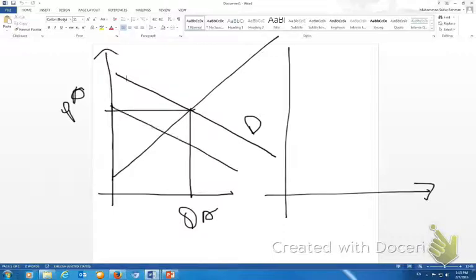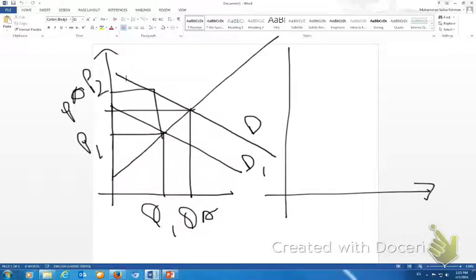Now demand shifts to the left, D1. We have a new equilibrium quantity Q1, a price P1 that the seller receives, and the price P2 that the consumer pays. Now I want to show you that the deadweight loss in this case is this triangle, and out of that the upper triangle is the loss of consumer surplus, and the lower triangle is the loss of producer surplus.